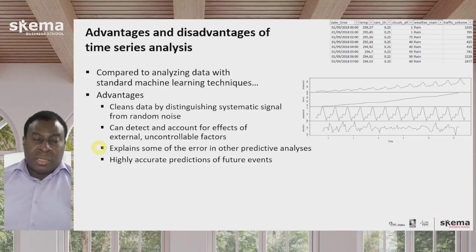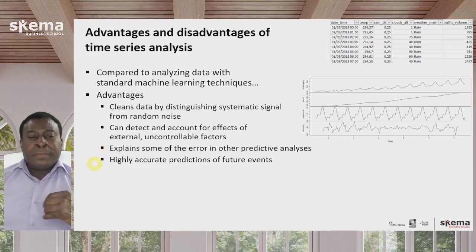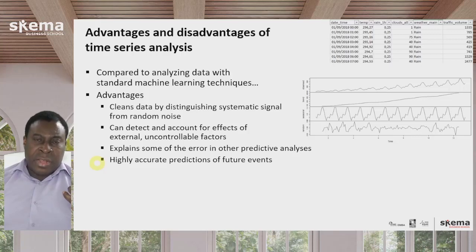And so by taking trends into consideration, time series analysis does account for some of the error. And in general, time series analysis provides highly accurate predictions. Even the classic, very simple time series analysis techniques have very high predictive value for future events, so it's quite useful in that way.